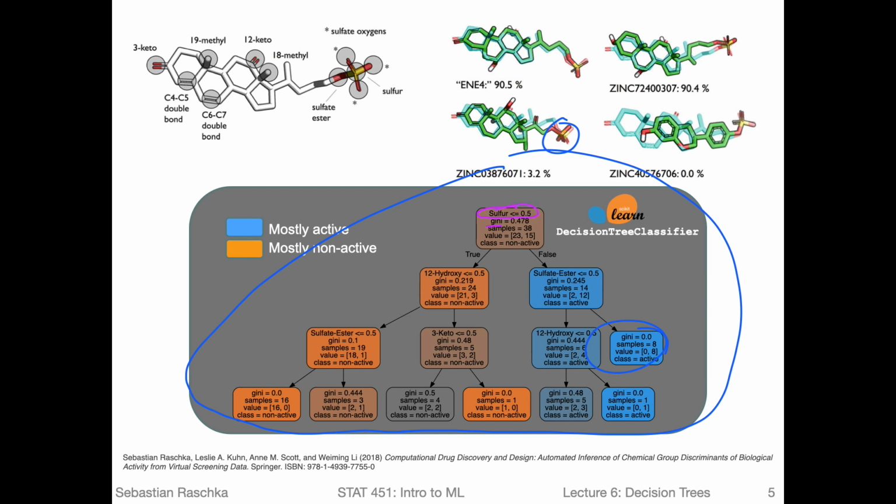This "smaller or equal 0.5" is just one way of how scikit-learn deals with binary variables. So if we have a variable, let's say sulfur, that can be either 0 or 1, 0.5 is basically in the center. It's just the type of algorithm, how it works. It says if smaller than or equal to 0.5, which is in the center here, then it would predict 0 if this is true.